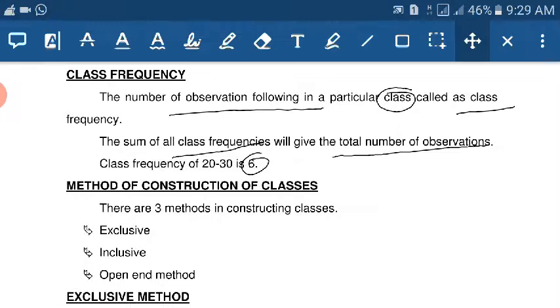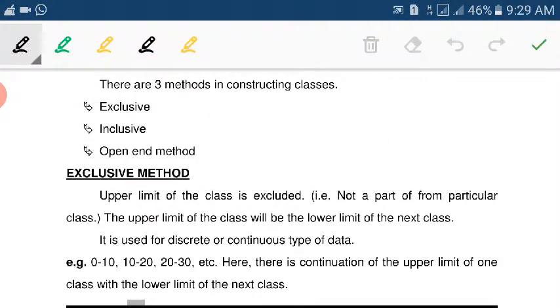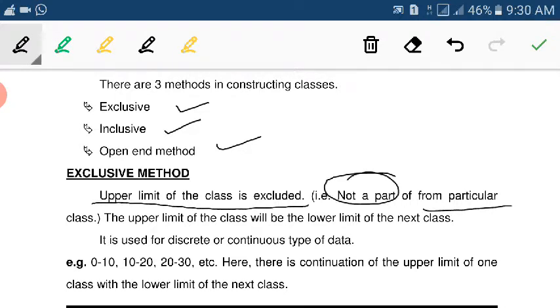Then methods of construction of classes: first exclusive, then inclusive, then open end method. Exclusive method: the upper limit of a class is excluded, not a part of that particular class. The upper limit of a class will be the lower limit of the next class. It is used for discrete or continuous data: 0 to 10, 10 to 20, 20 to 30.